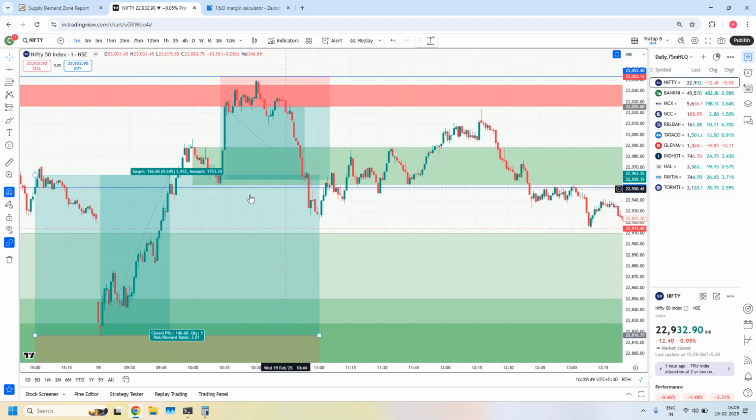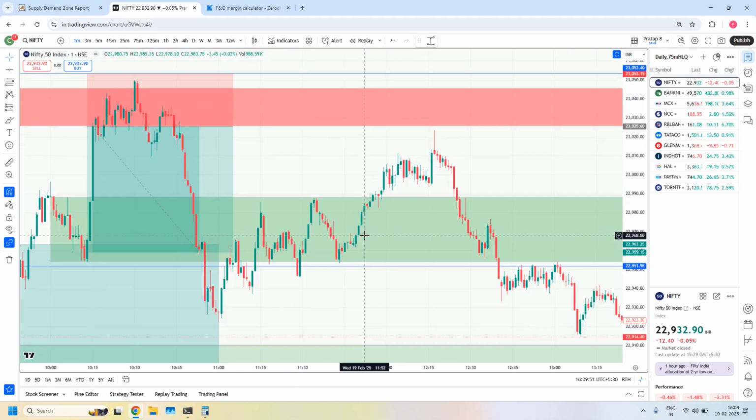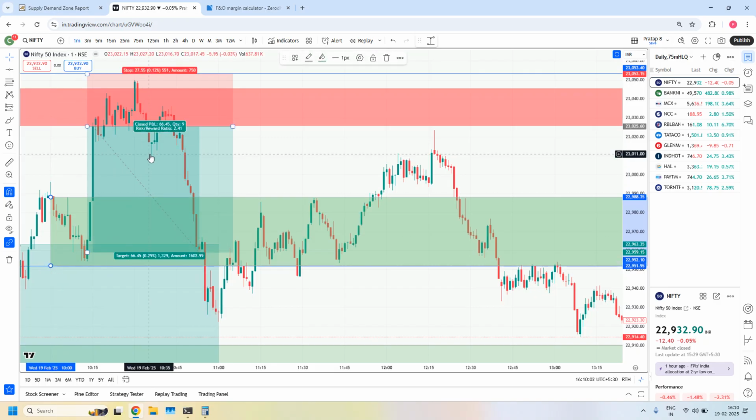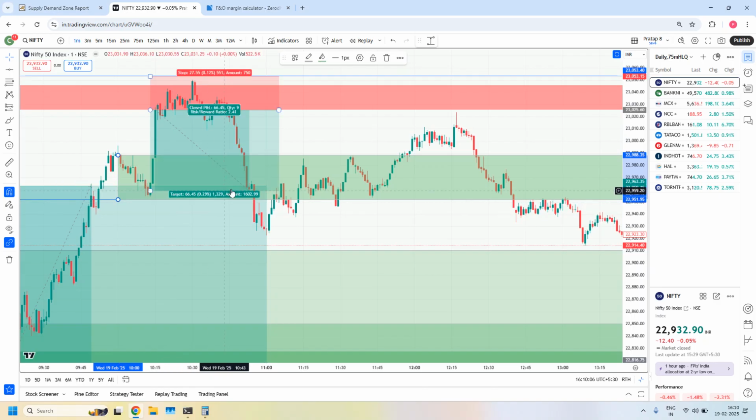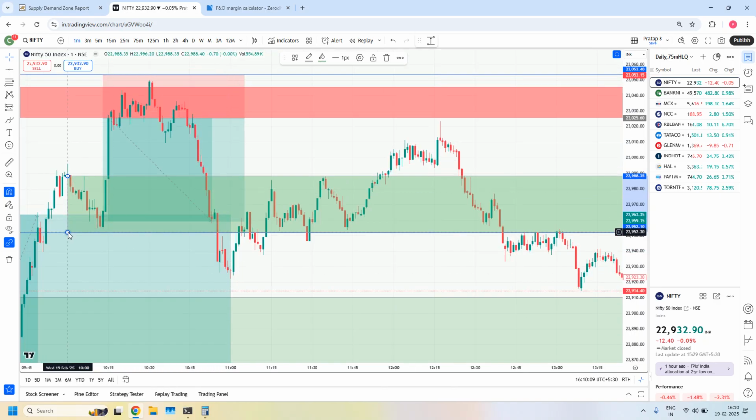This could be your entry. This blue color line you might have exited because your rally base drop is violated here. You got 1:2.41. Or if you want to exit exactly at 1:3 RR, definitely you might have achieved it.